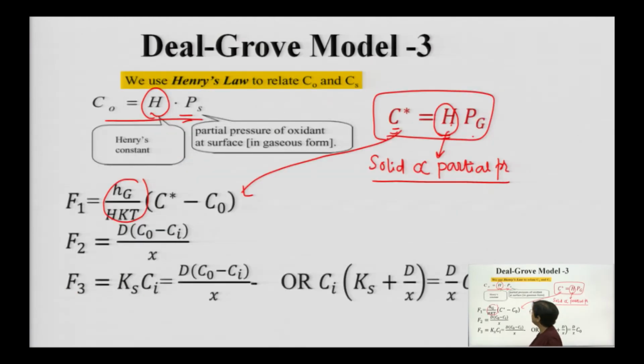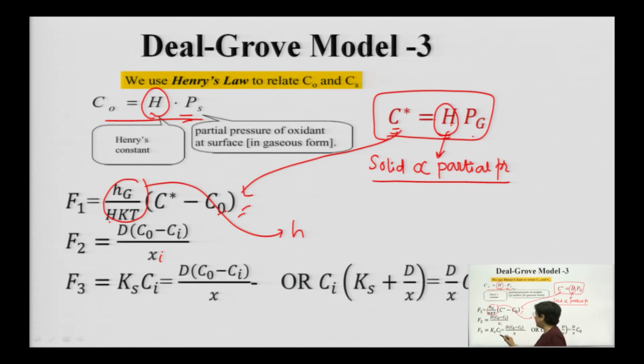Now, the same equation, instead of Cg I am representing with Pg, and C star by H, and I am equating this to minus Co. If I represent this entire constant with small h, I am equating another, F2 is D into Co minus Ci divided by Xi, or X, which is the oxide thickness, and I am equating the third, that is the reaction rate constant.